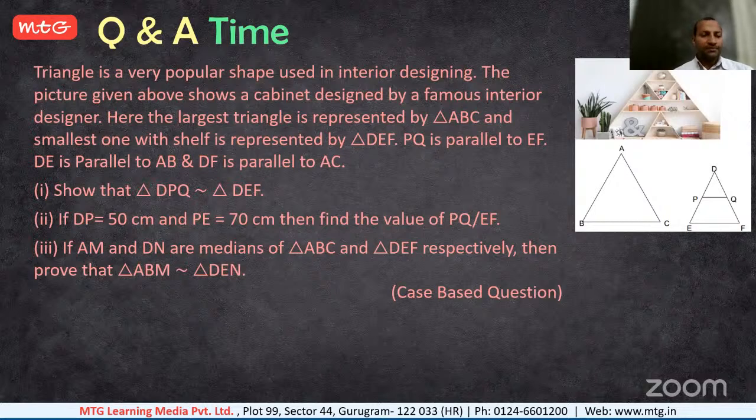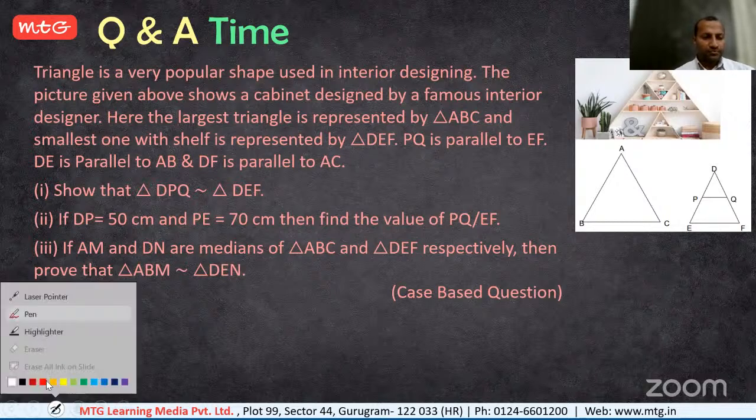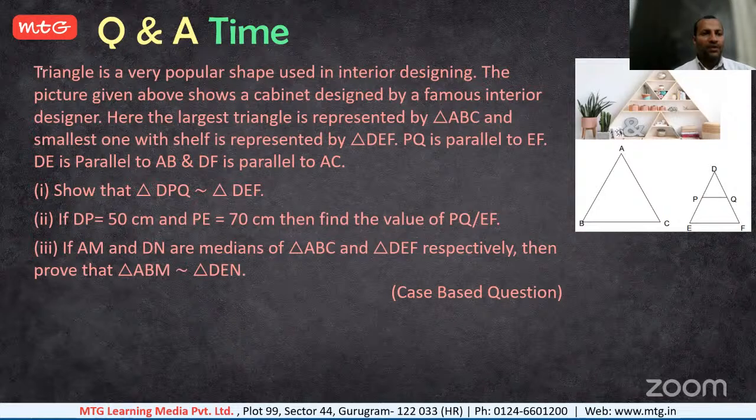Okay. Question says, triangle is a very popular shape used in interior designing. So this rack is in the form of a triangle. The picture given above shows a cabinet designed by a famous interior designer. The largest triangle, meaning the outer triangle, is represented by ABC. So that bigger, outer one is ABC.